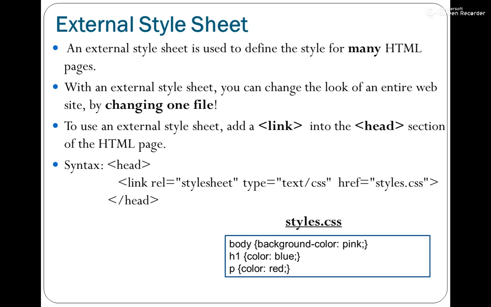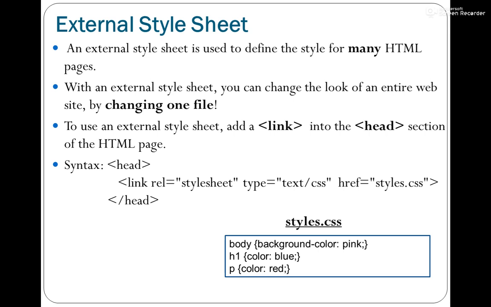Now if you are using this external file and calling it into an HTML page, there should be some way. Agree? So you have to use the link tag, and this link tag is placed in the head section, and we will see how it is called.